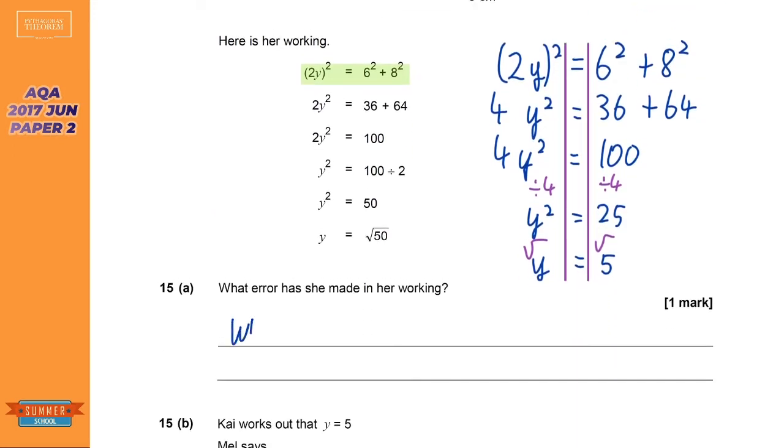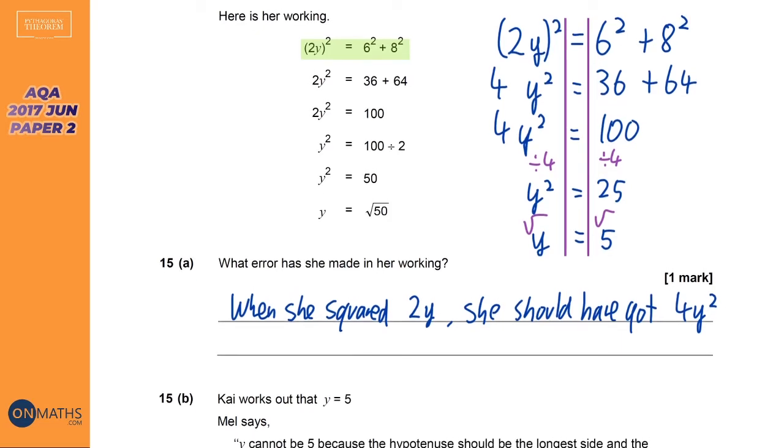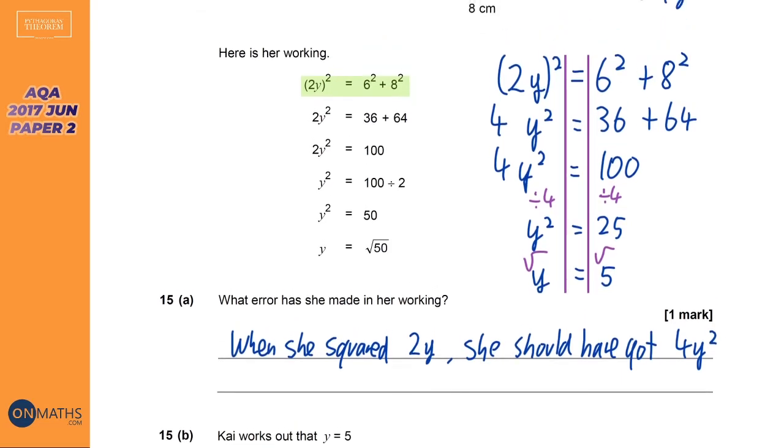Something like, when she squared 2y, she should have got 4y squared. Something along those lines. So she hasn't squared the bracket, has only squared the y, the brackets have been left out. Something along those lines will get you the marks. Just make it clear, and I would always write 4y squared, make sure that's in there, because I'm sure that's in the mark scheme.